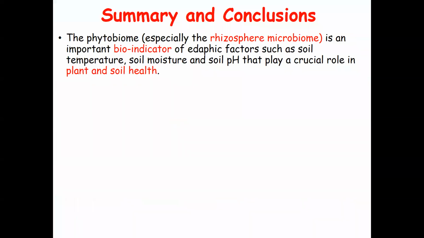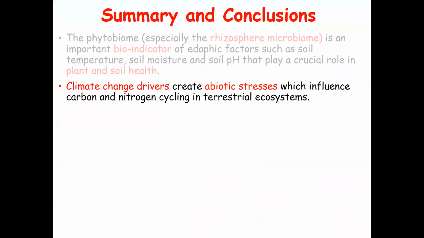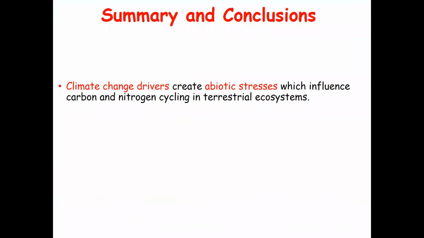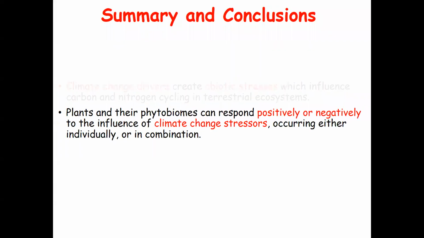So to summarize then, the phytobiome, especially the rhizosphere microbiome, is an important bioindicator of edaphic factors such as soil temperature, soil moisture, and soil pH, and will obviously play a crucial role in plant and soil health. Climate change drivers will create abiotic stresses which are going to influence carbon and nitrogen cycling in agroecosystems.